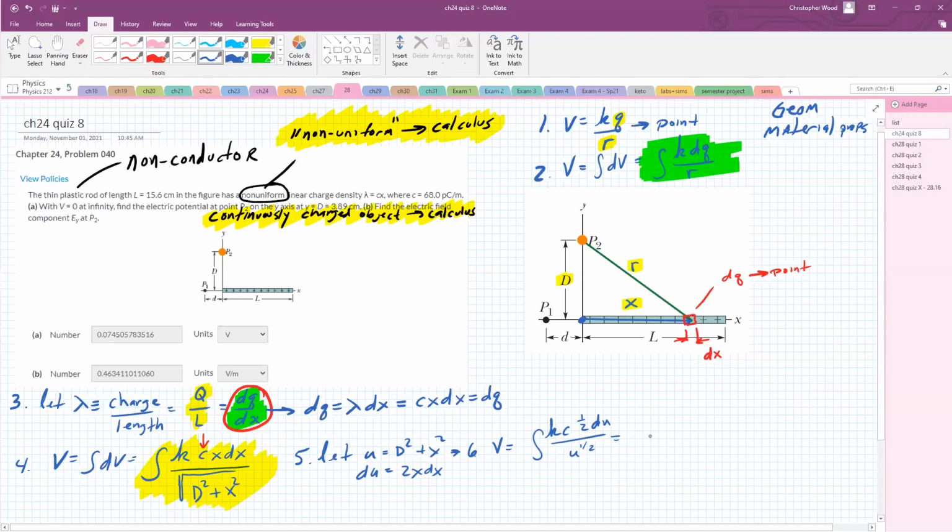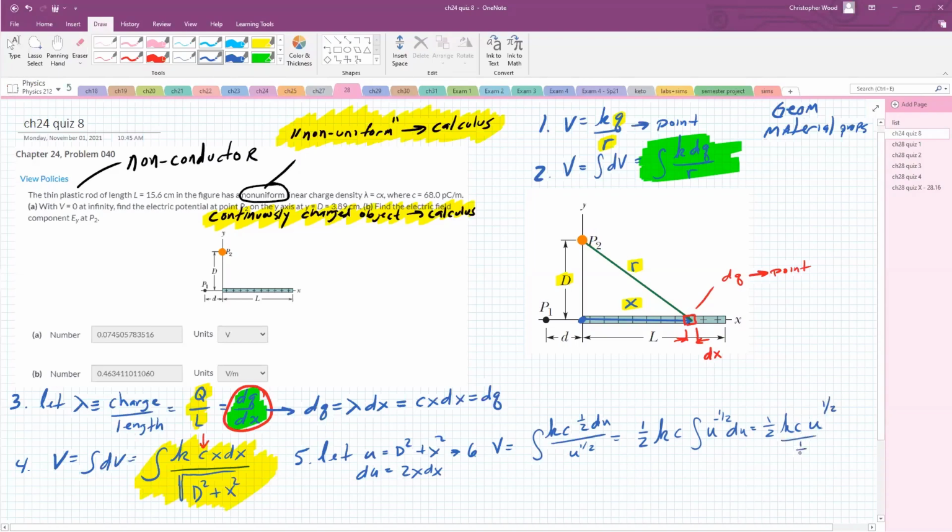If I take out all of the constants, and feel free to chime in and tell me when I'm making a mistake, I have 1/2 K times C times the integral of U to the minus 1/2 dU, which equals 1/2 KC times U to the 1/2 over 1/2.